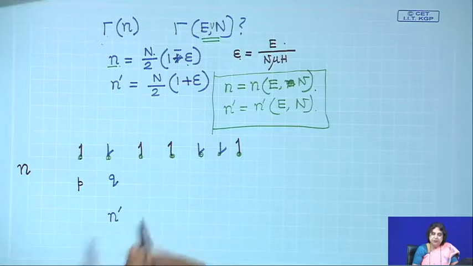That is n prime. And since these spins are non-interacting, the probability of whether a particular site has an up spin or a down spin does not depend on what is happening to the other spins.